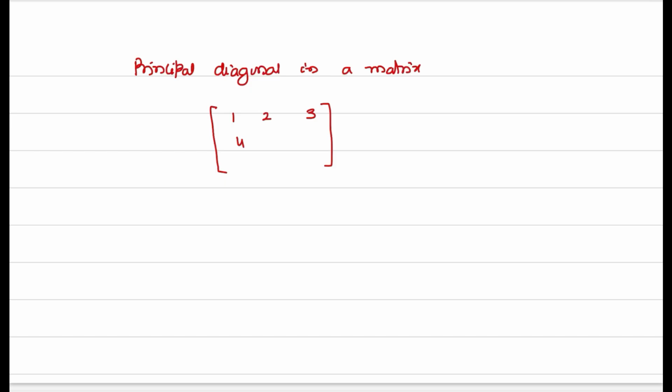Now we define what is a principal diagonal in a matrix. For example, there is a matrix like this: 1, 2, 3, 4, 5, 6, 7, 8, 9. The elements in the diagonal, this is the principal diagonal.